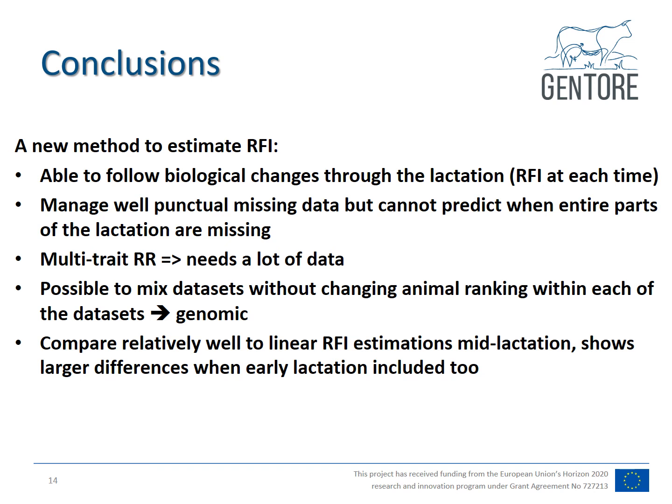But it's possible to mix datasets without changing animal ranking within each of the datasets, so it's also the possibility to use it for genomic selection. At the end, the model compares relatively well to linear RFI estimation in mid-lactation, but shows larger differences when early lactation is included too.